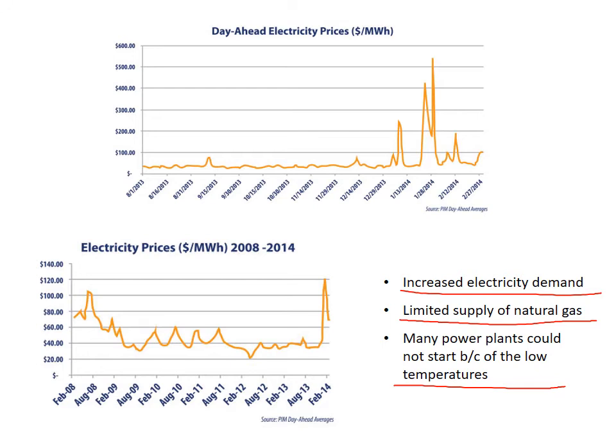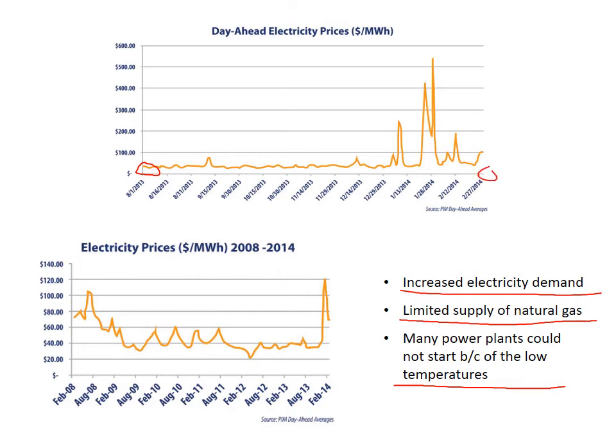Just like the first day in the spring when you have to cut your grass and the lawnmower won't start. And so as a result of all three of these, you had really dramatic increases in electricity prices. And you can see on the top, this goes from August 2013 to the end of February in 2014.